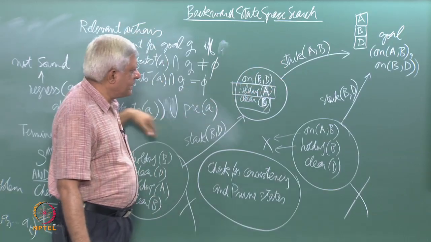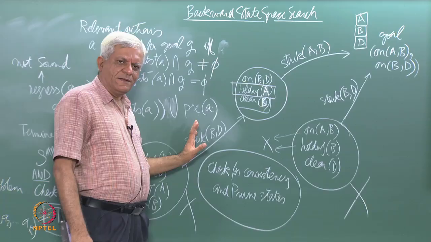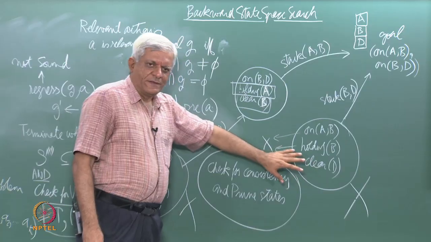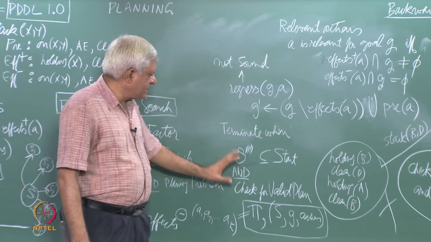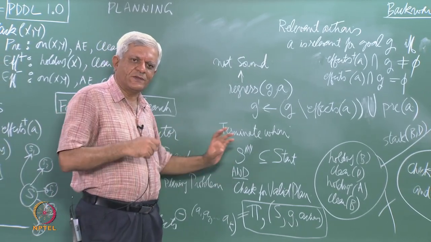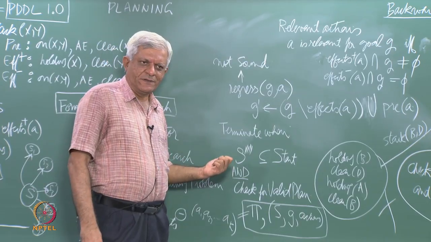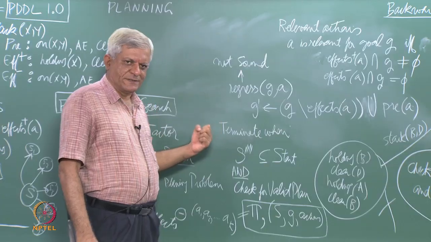So, there are paths which will yield the plan, there are paths which can be pruned, and then even if you do not have good pruning, you have this final check that after you think you have solved the problem, just see whether what you have produced is a valid plan or not. If it is a valid plan, then accept the solution, otherwise continue searching essentially.